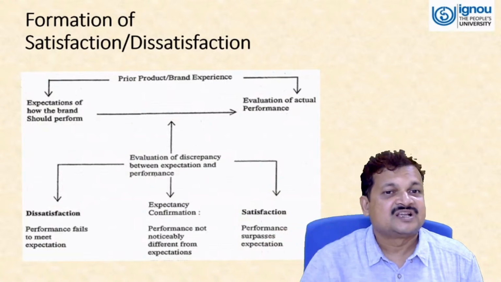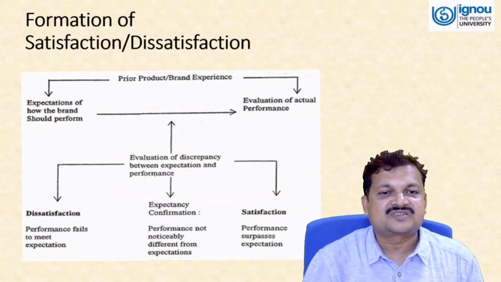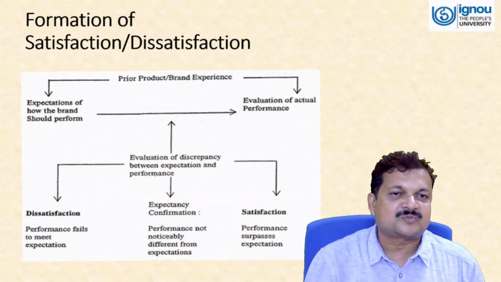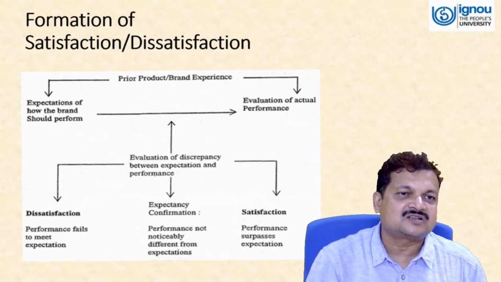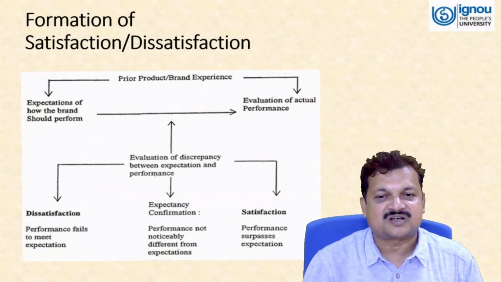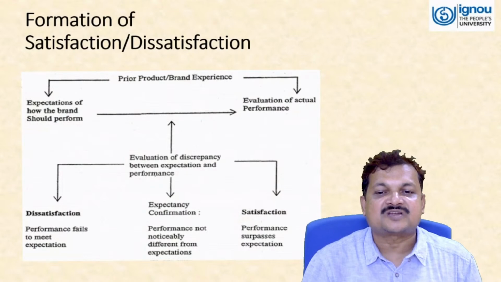Next is evaluation of discrepancy between expectations and performance. When there is a discrepancy, there is dissatisfaction on one side and satisfaction on the other. Dissatisfaction is when performance fails to meet the expectation. Your product performance should be as per your expectation, but it is not happening, so you are dissatisfied. Second case is performance surpasses expectation.